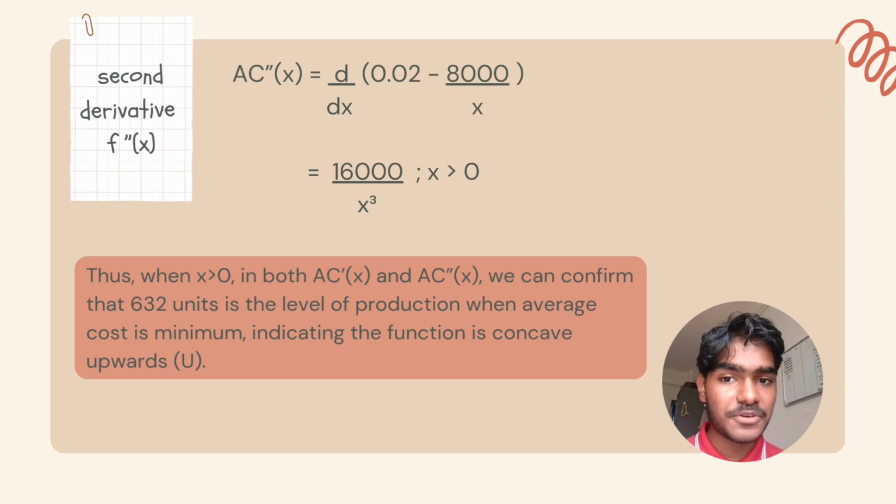From here, we can confirm that 632 units is the level of production when average cost is minimum, indicating the function is concave upwards, which is the smiley face graph.